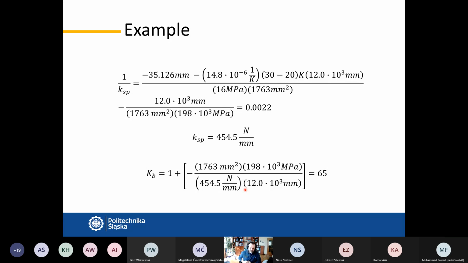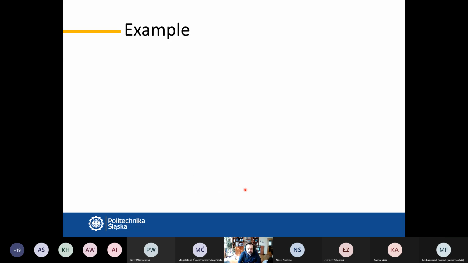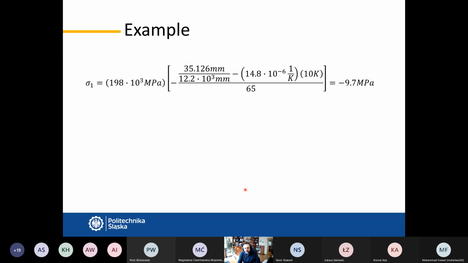KB will be the factor, KB will be 65. If we introduce all the data, so sigma 1 calculated in the same manner, this is, let's say, a checking calculation, and of course we obtain the same result as we assumed, which means that we have calculated this correctly.